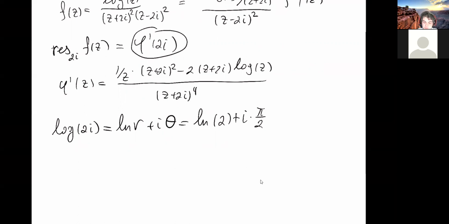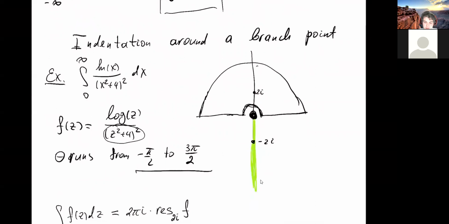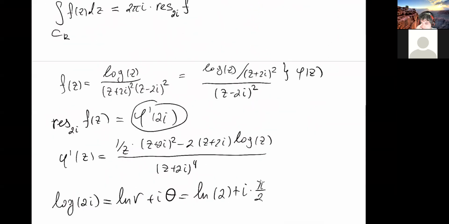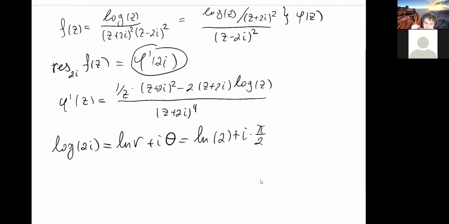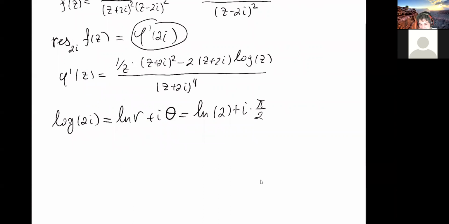If we chose a different range of theta here, like from 3 pi over 2 to 7 pi over 2, then we would eventually get the same answer. And hopefully you'll see why, because we'll take real parts. But anyway, that's logarithm of 2i.